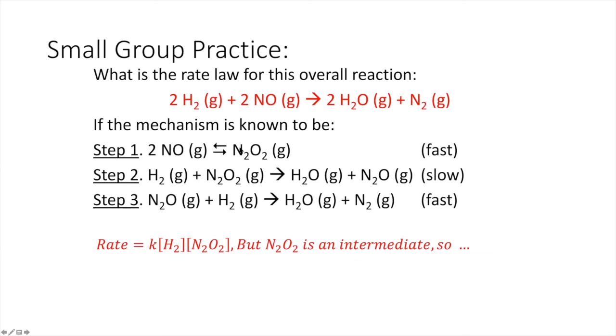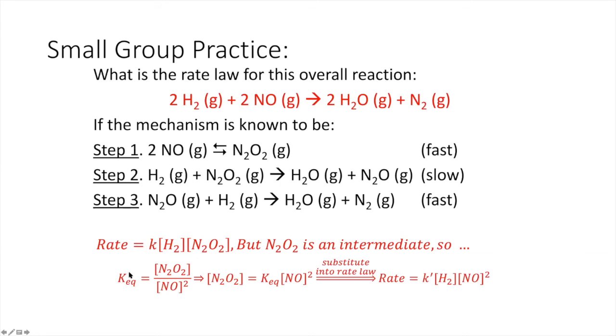So we're going to use step 1 and the equilibrium constant from step 1 to rearrange and express the concentration of N2O2 so that I can substitute it in for this term right here. From step 1, the equilibrium constant would be the concentration of N2O2 over the concentration of NO squared.